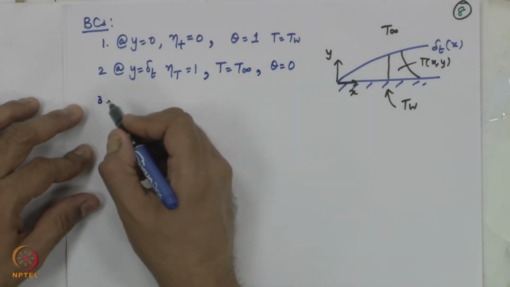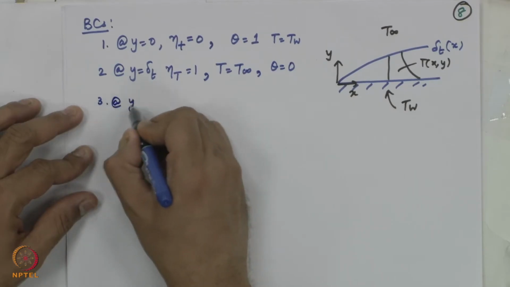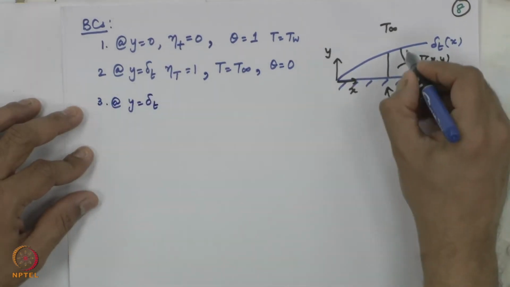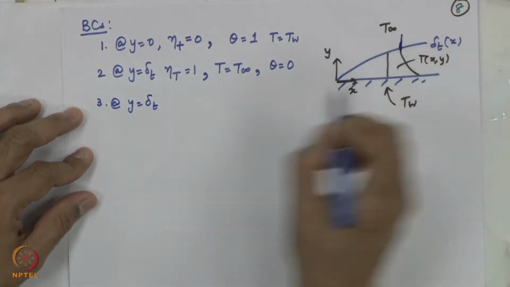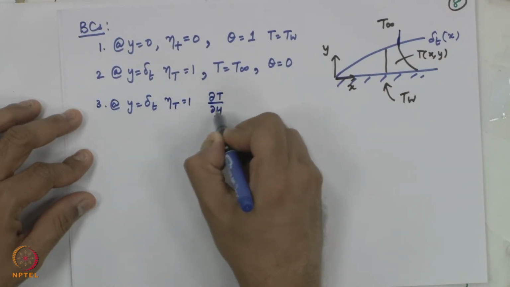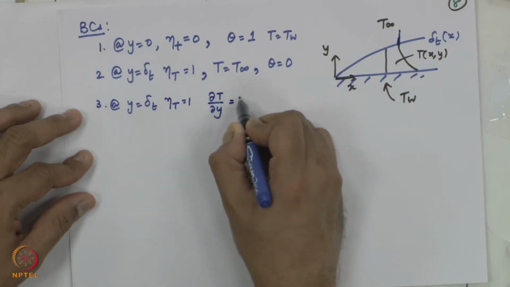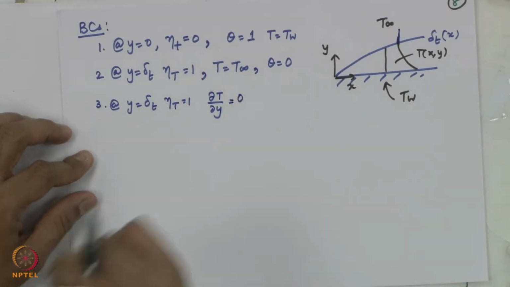Third boundary condition is at y equal to delta t. Here we are saying the slope of the temperature profile dT by dy is equal to 0, or this has to be translated.